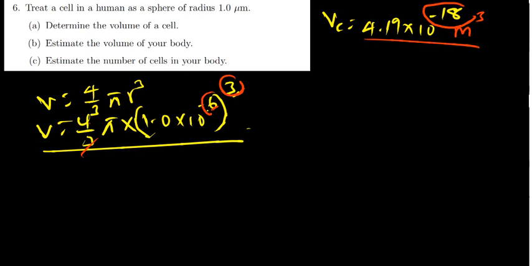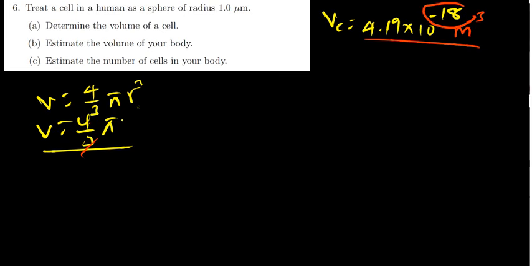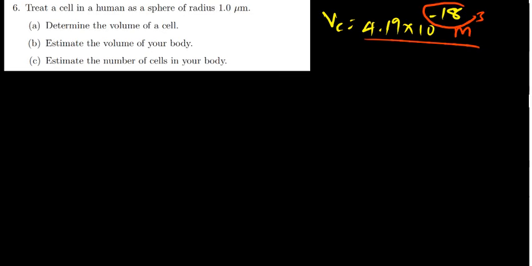Okay, which is the same, if we round it off, is going to be 4.19, right? Okay, so then we can move to part B. Estimate the volume of your body. So how can we estimate the volume of the body?